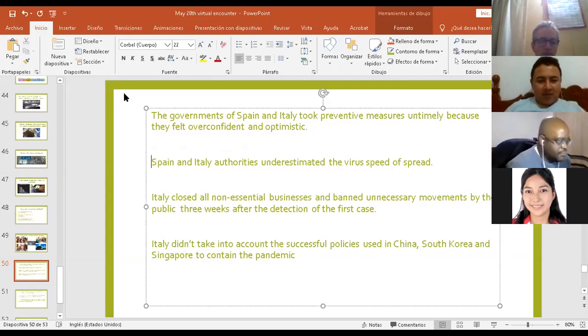I don't know, maybe the virus speed was underestimated by Spain and Italy authorities. Yes, that's right. Or the virus speed of spread. Okay, got it.